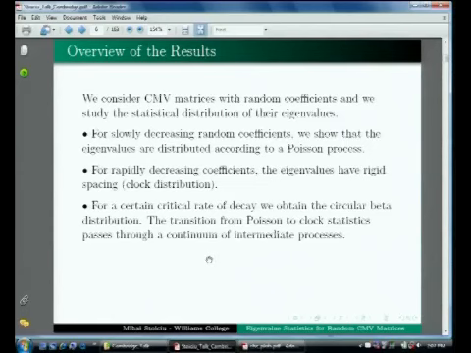It was quite nice to see this transition in the eigenvalue statistics. For a certain critical rate, which I will explain, we obtain the circular beta distribution for any beta. The transition from Poisson to clock passes through a continuum of intermediate processes.